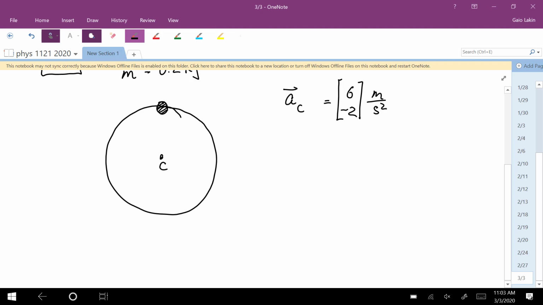The object has a clockwise angular velocity of 8 radians per second. It says it's uniform circular motion, and also it doesn't give you an angular acceleration. Uniform circular motion means constant angular velocity, or in other words, constant speed of the object as it goes around the circle. And the radius is 0.4 meters.